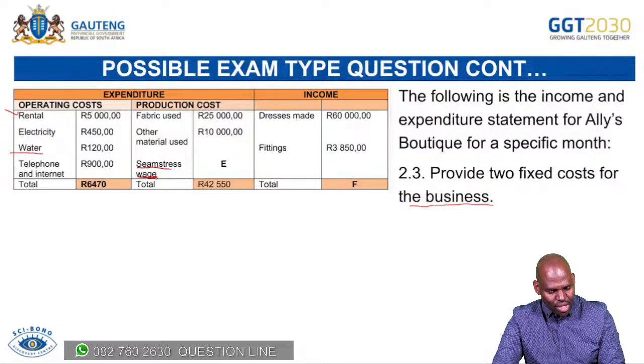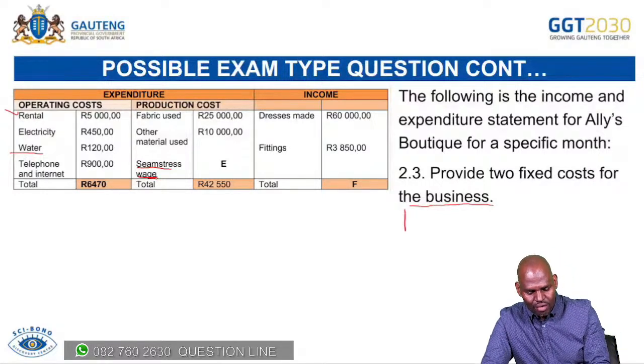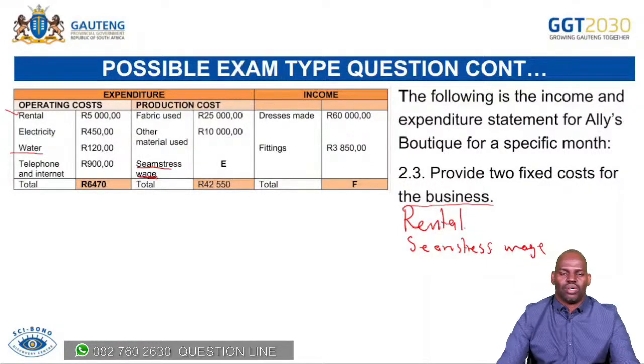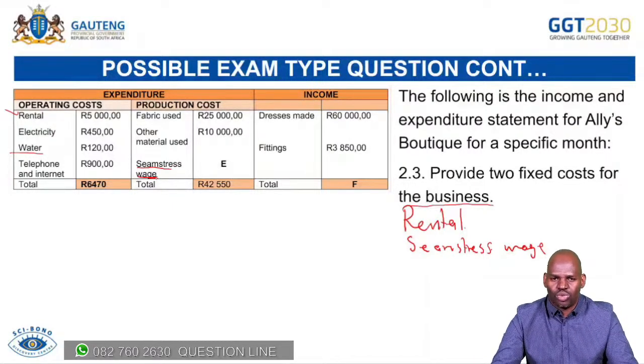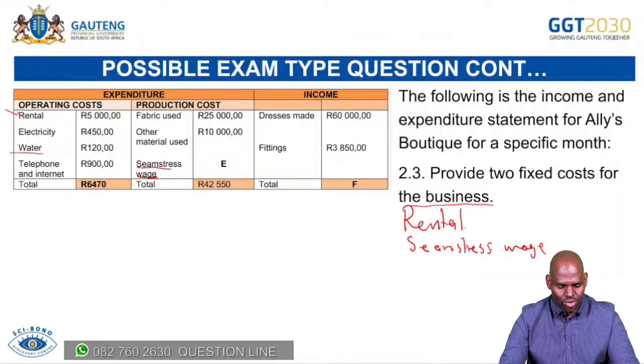So in this case, we can say rental is one of the two, and then we also have the seamstress wage, or you can just say a wage. So these are the two fixed costs for the business. The wages will be the same, and then of course the rental will be the same. So that is the answer for number 2.3.